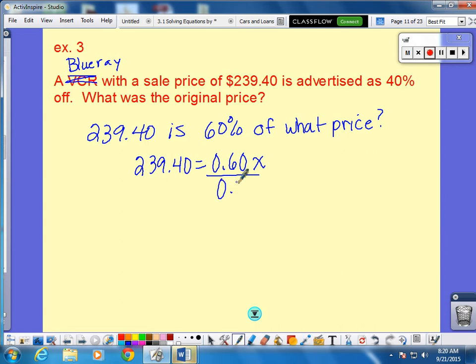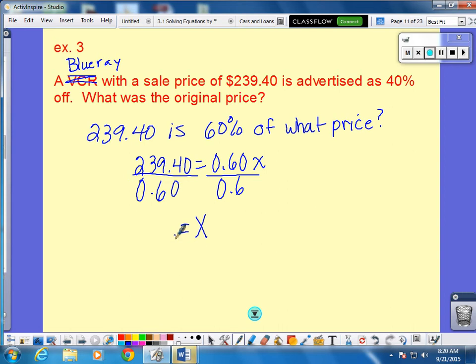Divide both sides by my 0.6 or 0.60, whichever way you like to write that. And $239.40 divided by 0.6.